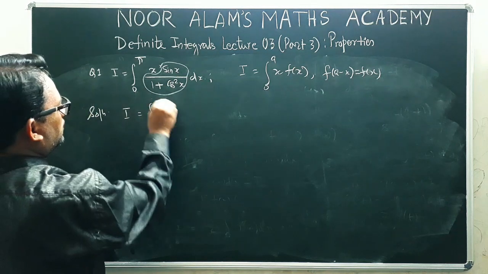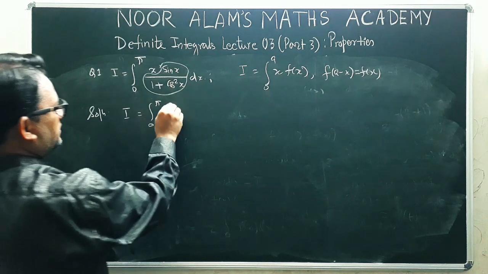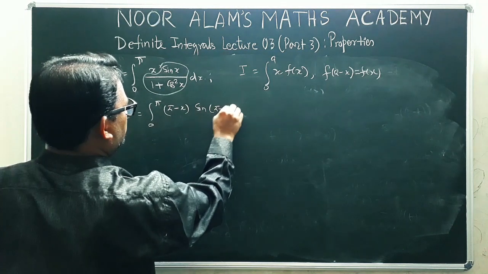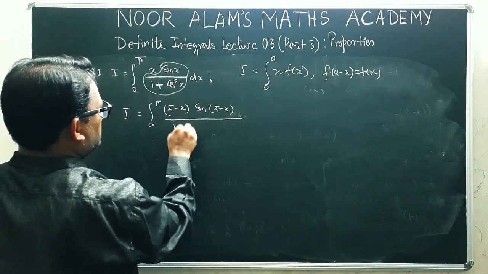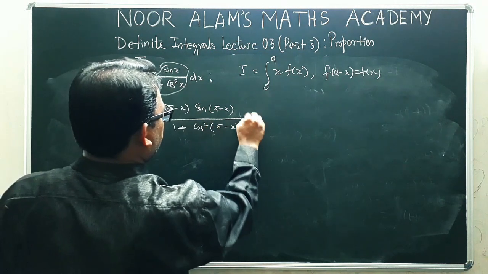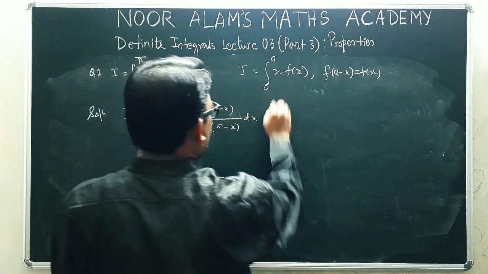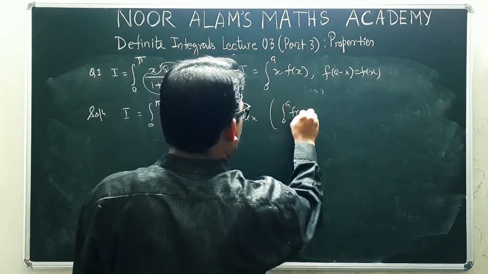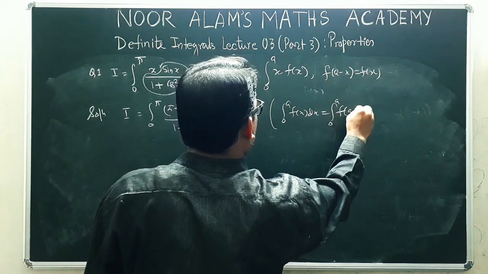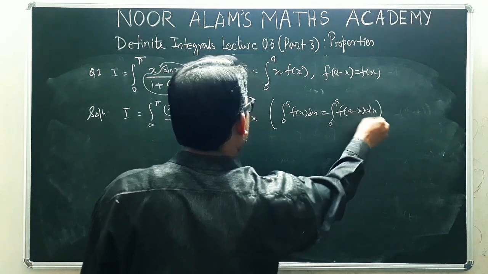From 0 to pi, we replace x by pi minus x: pi minus x times sin of pi minus x, over 1 plus cos square of pi minus x, dx. Here we use the property that integral of f(x) dx from 0 to a equals integral of f(a minus x) dx.